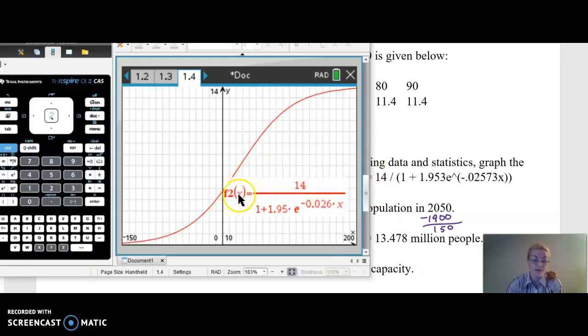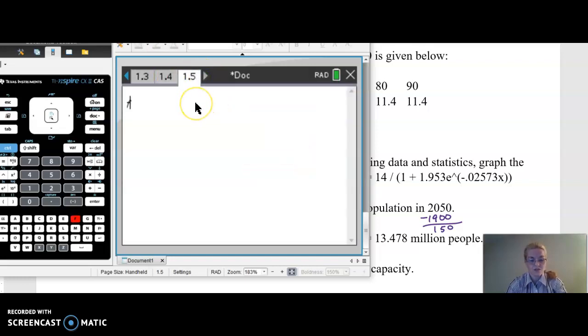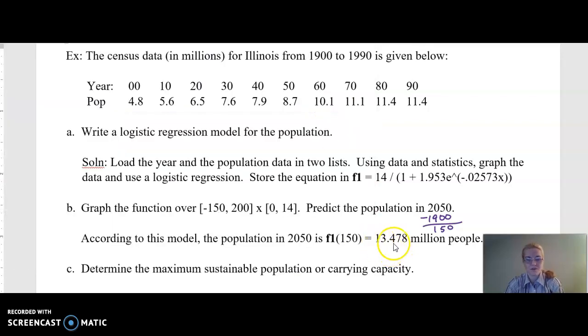On my equation, it's f2, so if I go to the calculator, I can just do f2 of 150. And it will give me 13.4465. Again, because I rounded and didn't copy the exact equation this time, but about 13.4 million people, according to this model, is what we would predict.